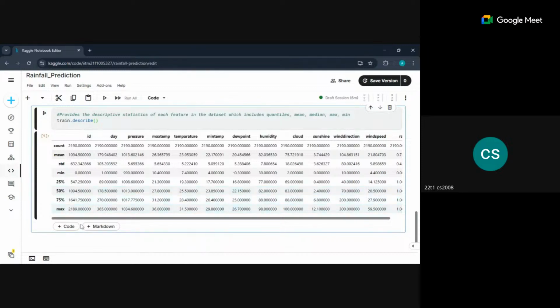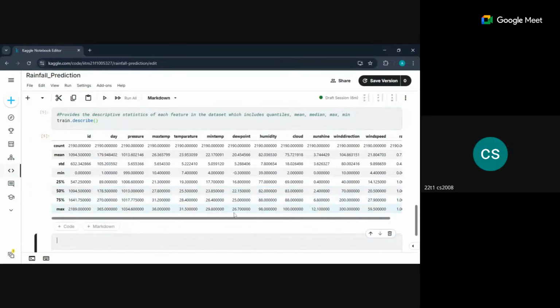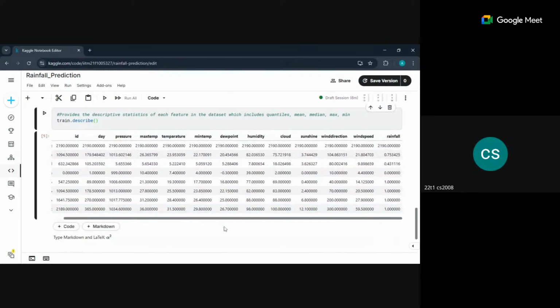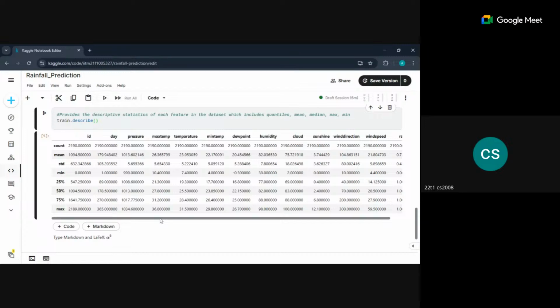So what can I write based on this? Do we see anything interesting? What do we see?